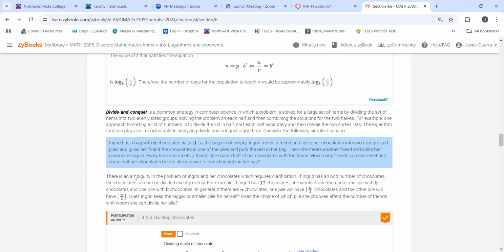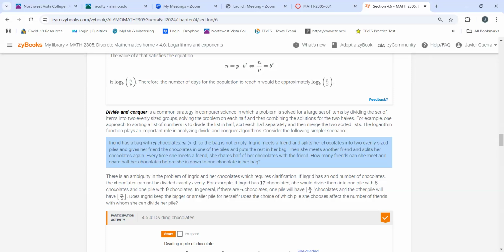In computer science, we use a technique when we calculate certain things. It's called divide and conquer. You may run into it later on when you take higher levels of computer science. This divide and conquer technique is a common strategy in computer science in which problems are solved for a large set of items by dividing the set of items into evenly sized groups, solving the problem on each half, and then combining the solutions for the two halves.